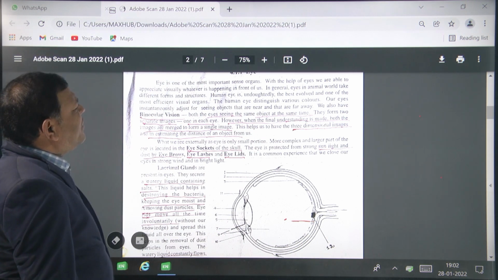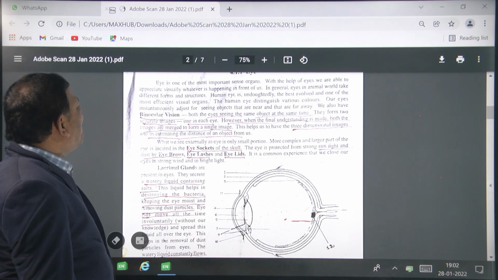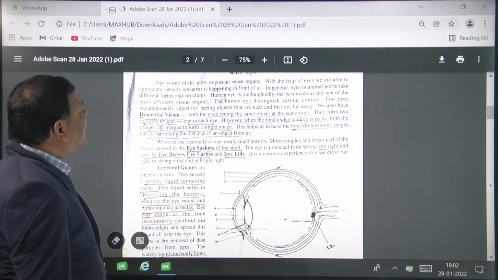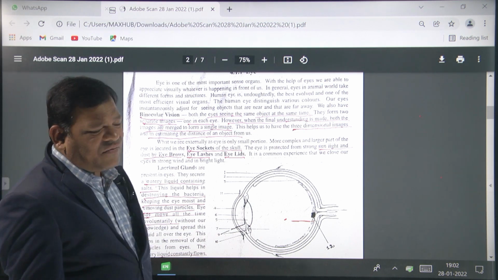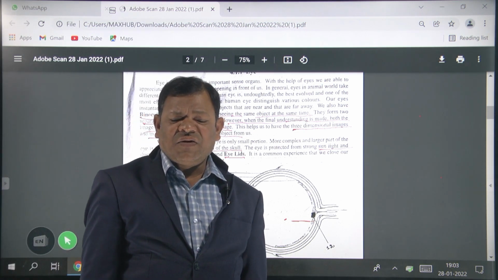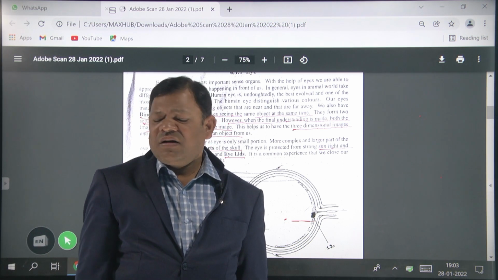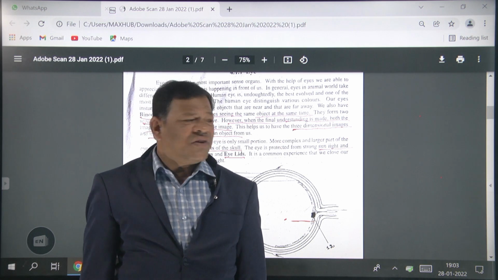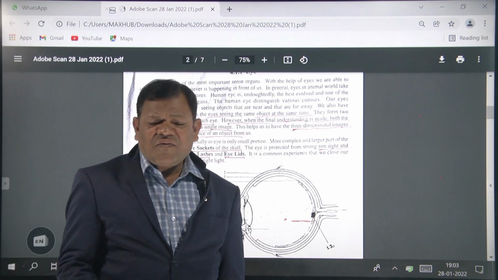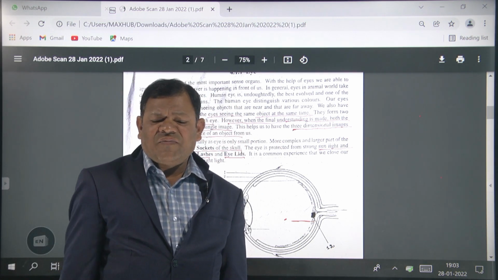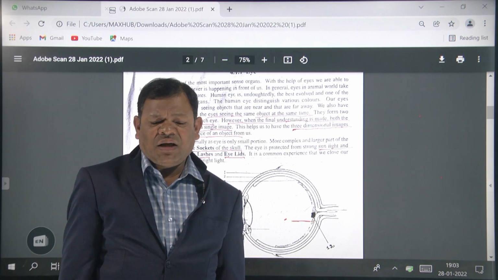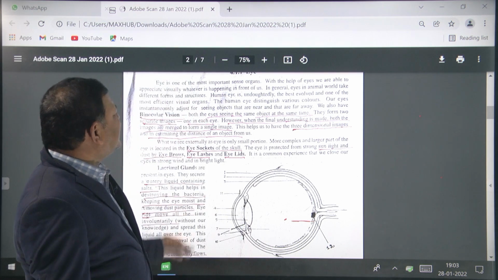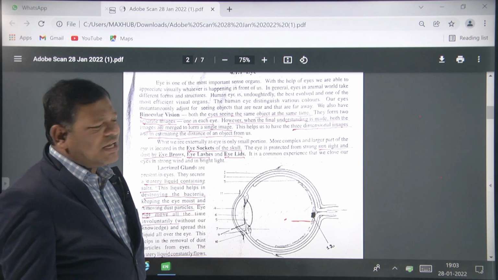With the help of the eyes we are able to appreciate visually whatever is happening in front of us. For example, you know very well the Taj Mahal. If you see the Taj Mahal in front of you, we see it with the help of the eyes only. If there are no eyes, we cannot see anything.